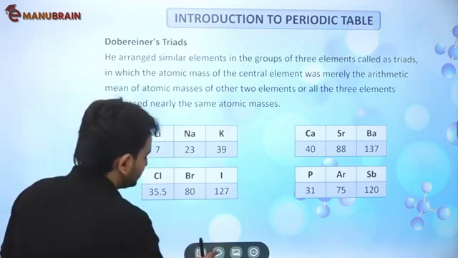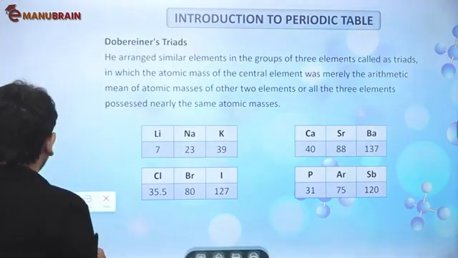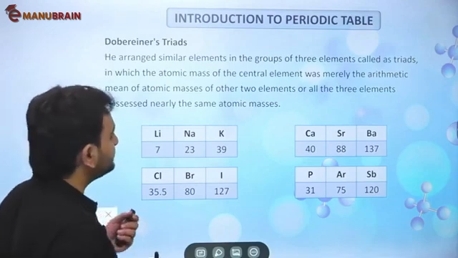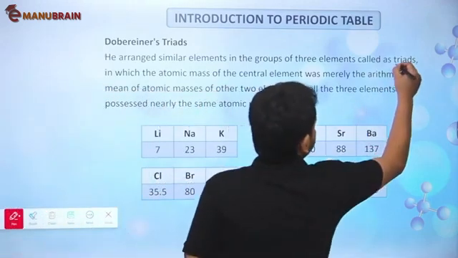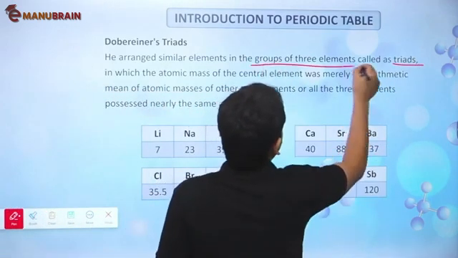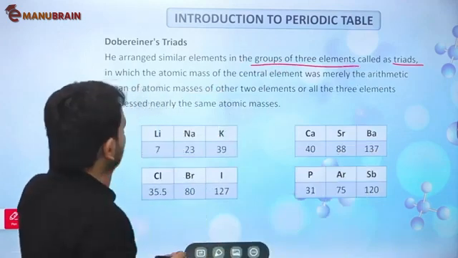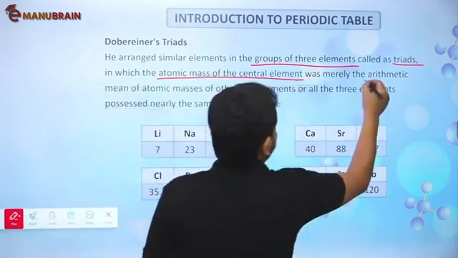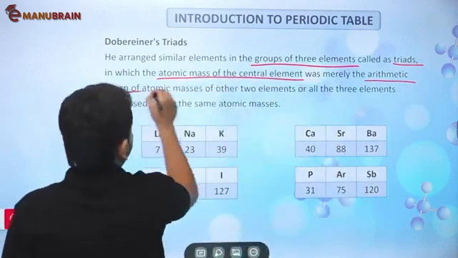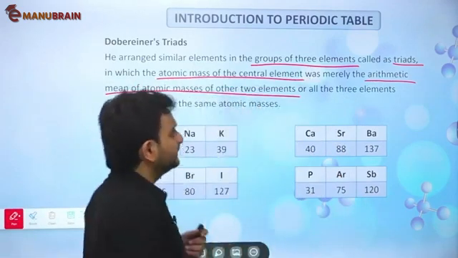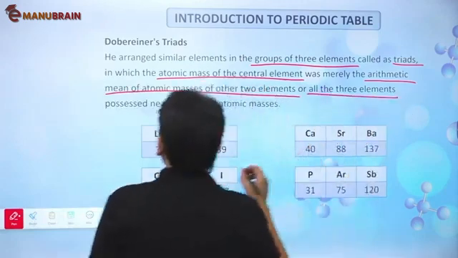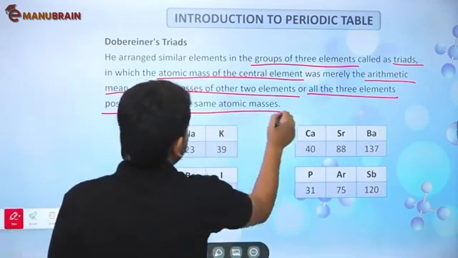Then there was Dobereiner. What he did was he arranged similar elements in groups of three called triads, in which the atomic mass of the central element was the arithmetic mean of the atomic masses of the other two elements, or all the three elements possessed nearly the same atomic masses.